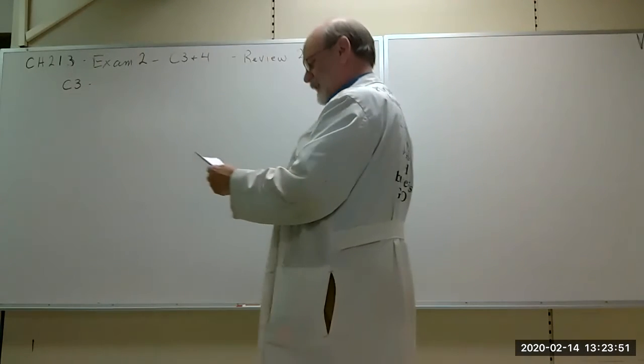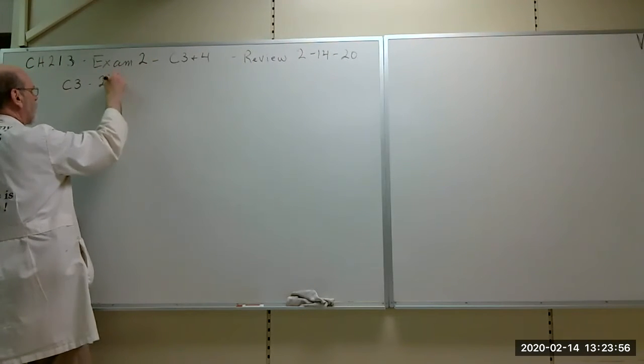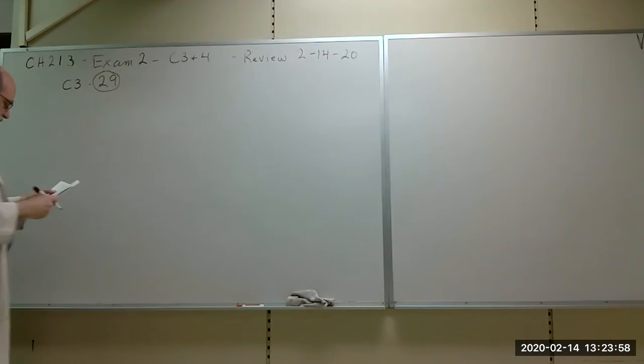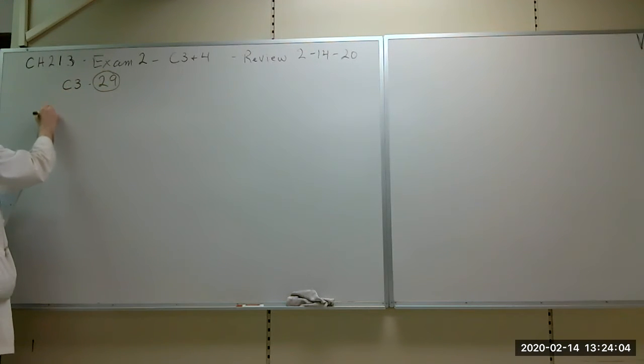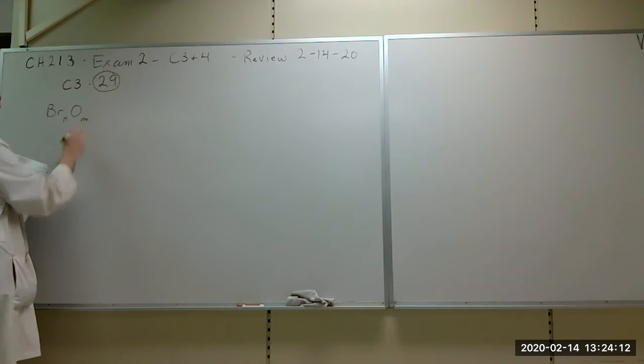Okay, let's see what we're given for 29. A 2.80 gram sample of an oxide of bromine. So we've got bromine and oxygen together, so many bromines and so many oxides.